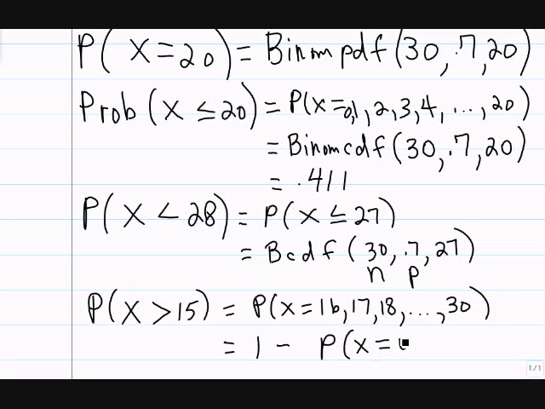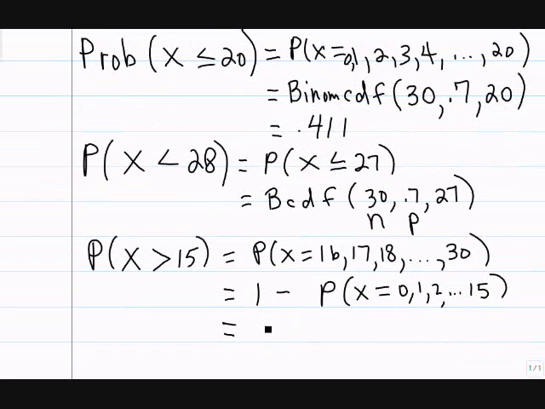So that would be X equal to 0, 1, 2, all the way up to 15 successes. So that's going to be 1 minus the probability that X is less than or equal to, and you have to read it carefully. What number is going to cover 0 through 15? What number should I put for my X is less than or equal to? 15.